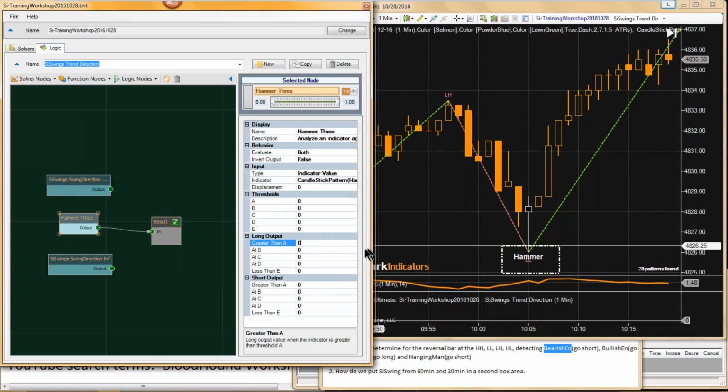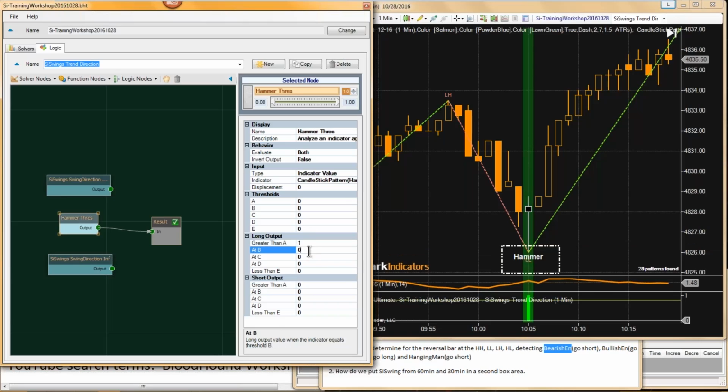Let's see. So the hammer is a positive or an uptrend kind of pattern. So we'll put a 1 in the long output. Right?